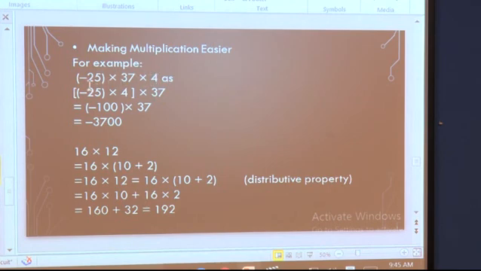I will replace the numbers or integers. First, what had I done here? -25 multiplied by 4. I had taken 4 here. Why? I had done the grouping of these two numbers and had done 37 here. Here 25 fours, you know very well, is 100. When it is minus, we write minus 100.